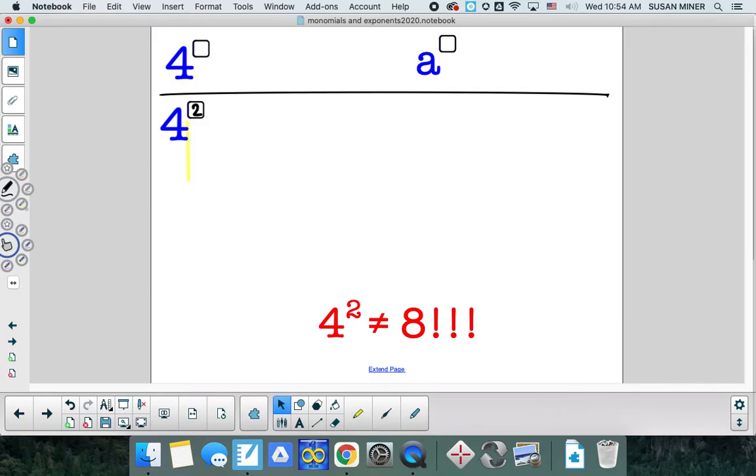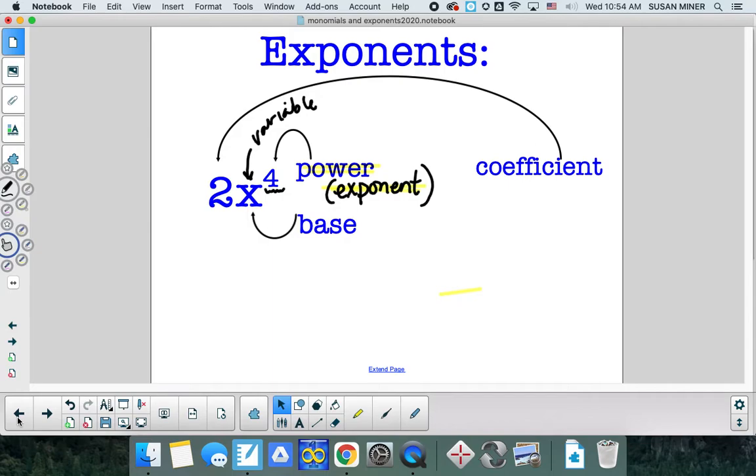Let's go back to here. If my exponent is to the power of 2, sometimes we use that exponent of 2 and we say it is squared. Instead of using the word exponent, if the power is 2, we call this squared. So I would say this is x squared.